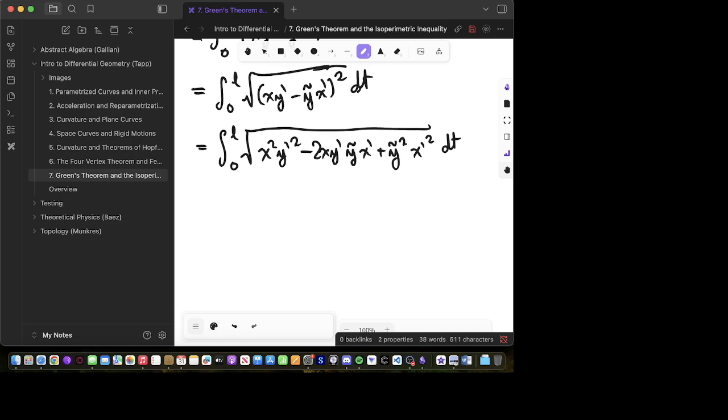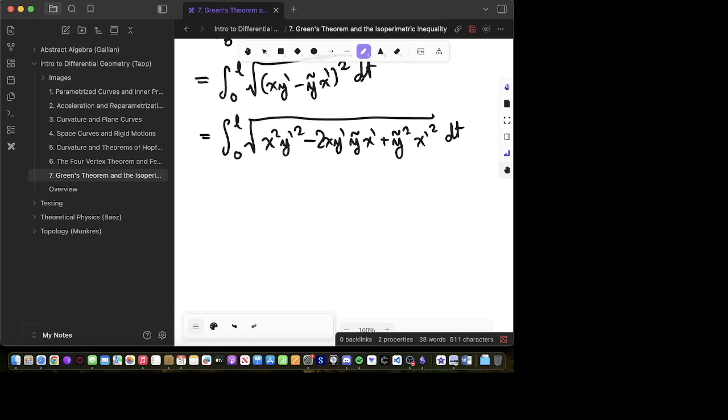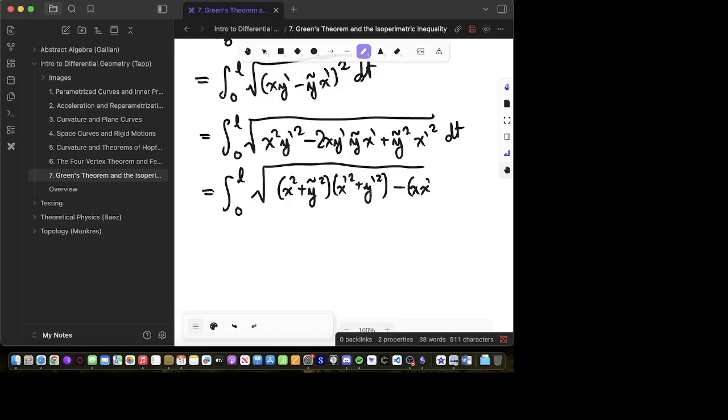And we can actually arrange this algebraically as x squared plus y tilde squared times x prime squared plus y prime squared minus x times x prime plus y tilde y prime squared dt.